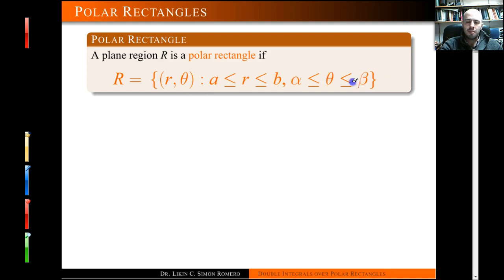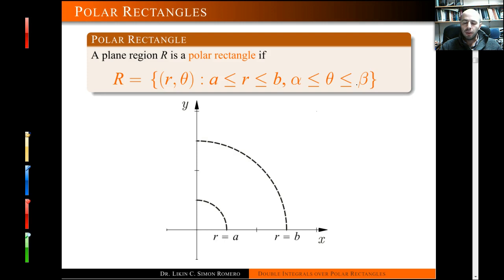What do they represent geometrically? Geometrically, they are not going to look like rectangles, but they are going to look like sections or little pieces of a circle. So, for example, in this case, we have that the r is moving between two numbers a and b.